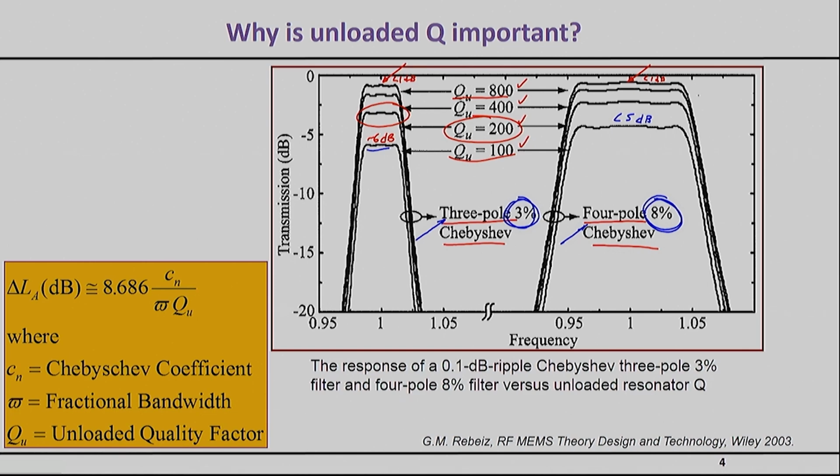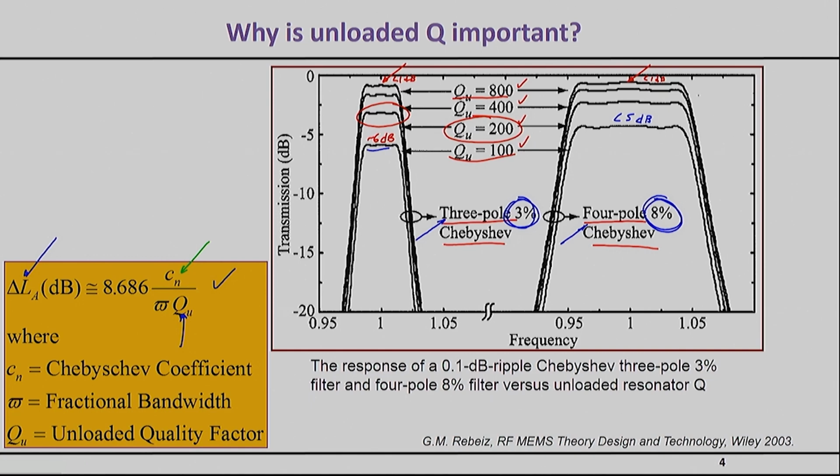Now, in the literature, you can find equations like this one that give you a fairly good first estimate, before you even design the filter, relating insertion loss, which is this number here, and unloaded quality factor, which is this number here. There is a coefficient Cn in this equation that depends on the exact filter you're designing.